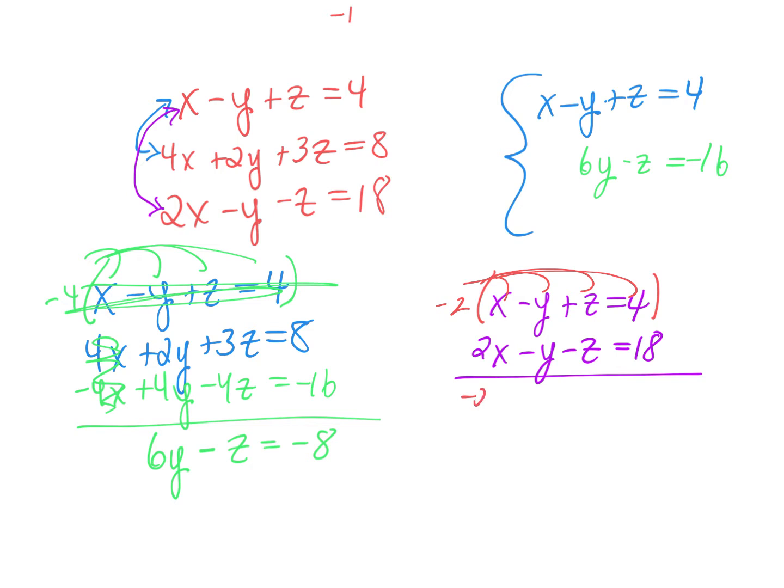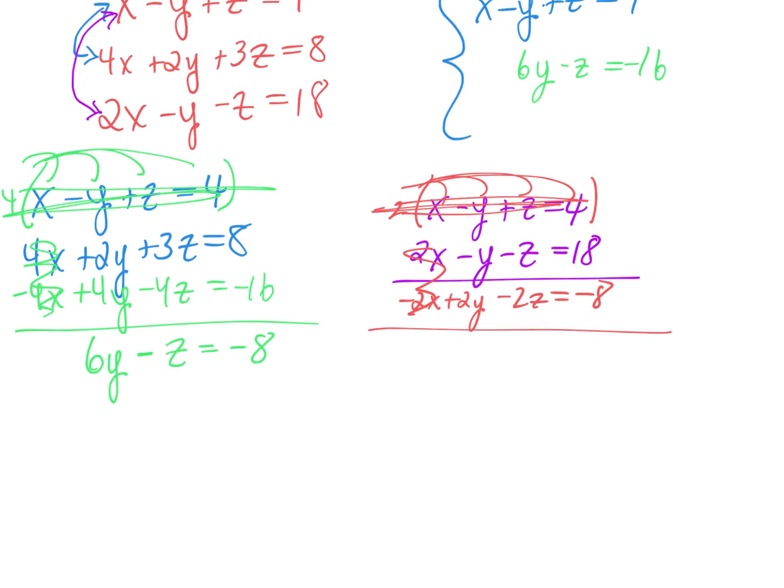So I have -2x plus 2y minus 2z equals -8. So my x's cancel. I am left with y minus 3z equals 10. Agreed?